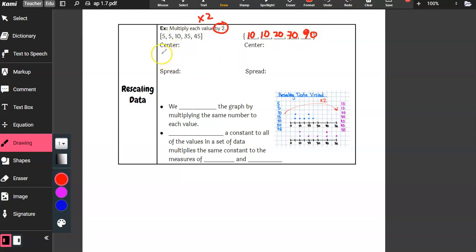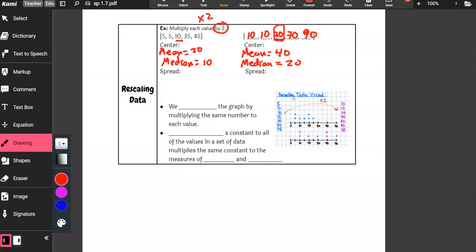The measures of center. So for the mean, it'll be 20. The median will be 10. Here's the median. Over here, the median is 20. Oh, the mean, if you add all these up and divide it by 5, you're going to get 40. The median is 20.